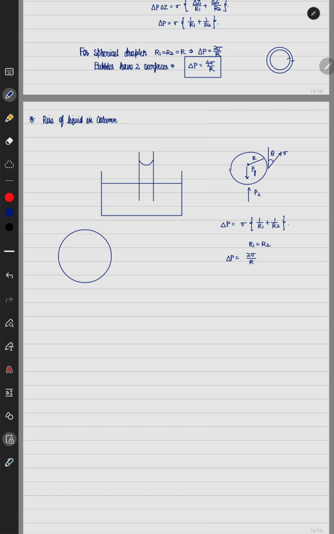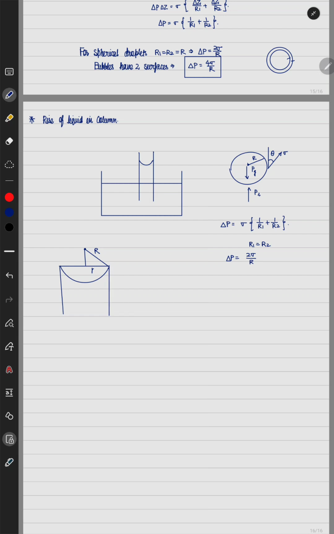Suppose this is the complete sphere which we can draw. This is the radius R, this is the radius small r, and this is the capillary.